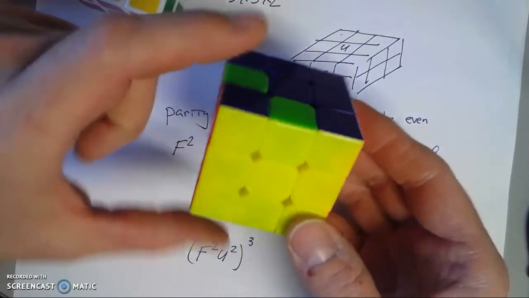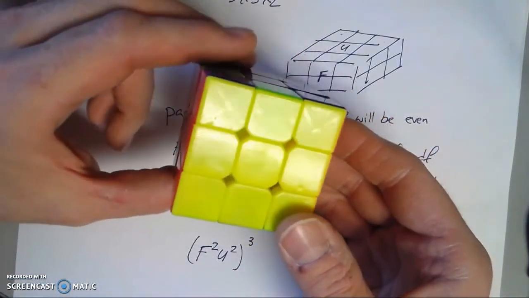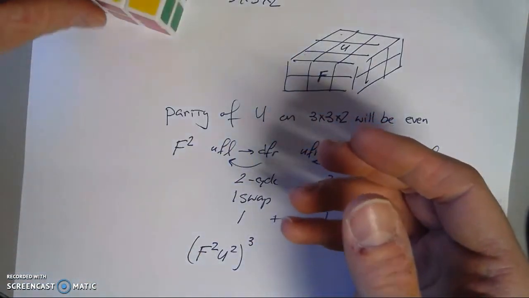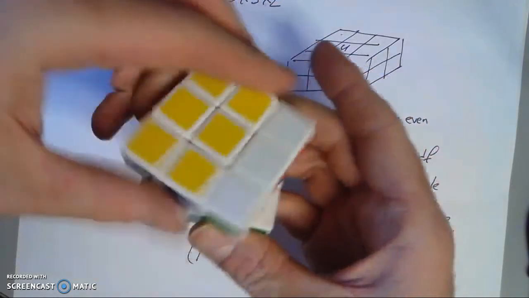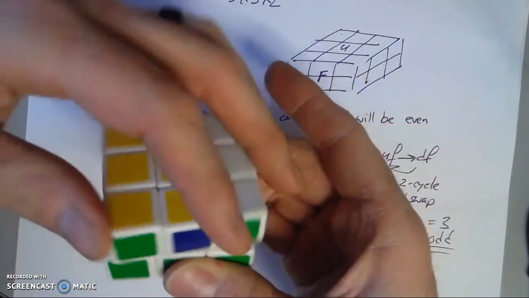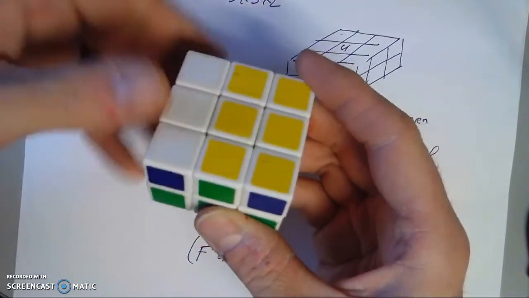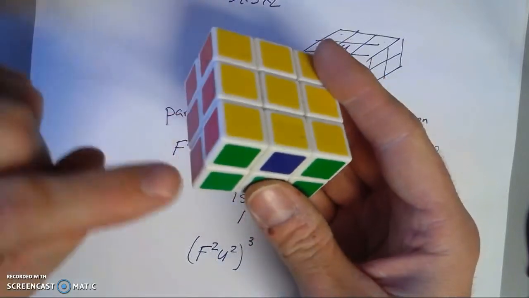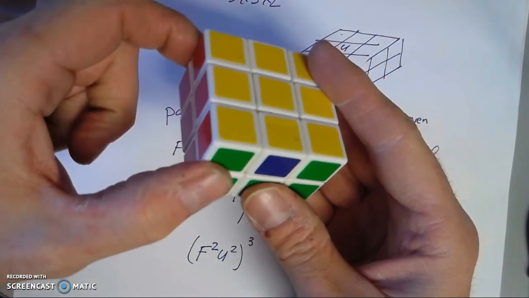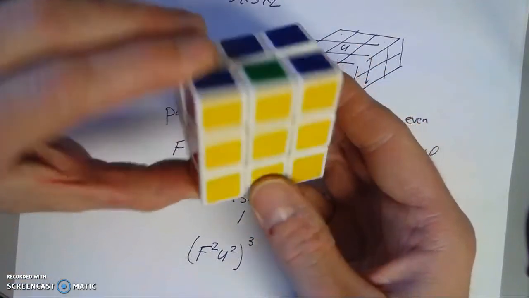This is one swap, this is a swap, 2 swaps is even. If I try that on this puzzle, I go F squared U squared F squared U squared F squared U squared. Well, there aren't any edges here to be swapped. I just have that 1.